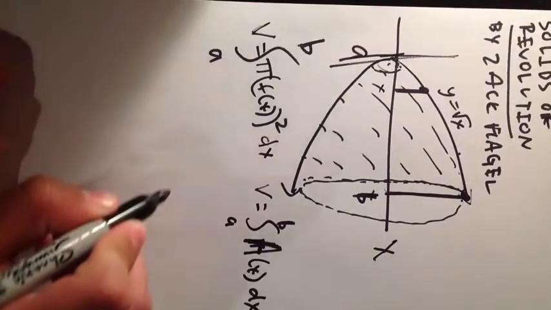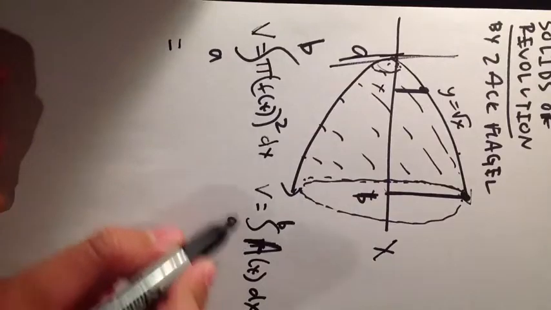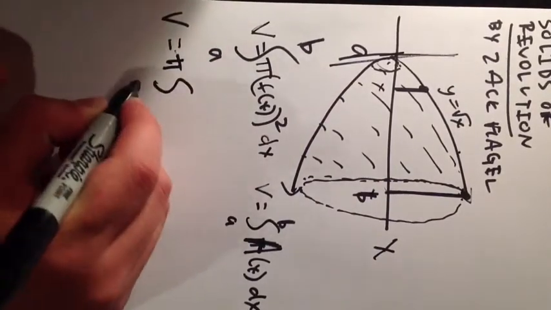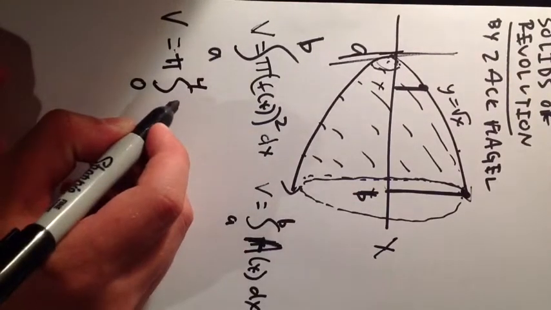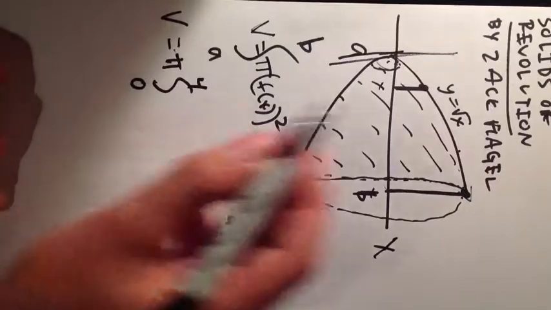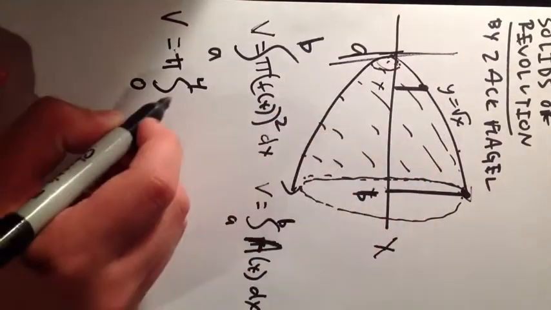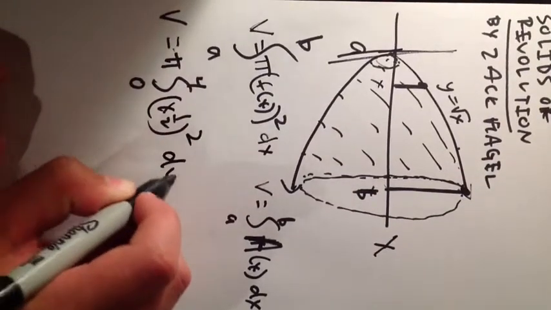Volume equals pi times the integral from 0 to 4, from A to B, of r squared, and r is radical x, so x to the 1/2, squared, dx.